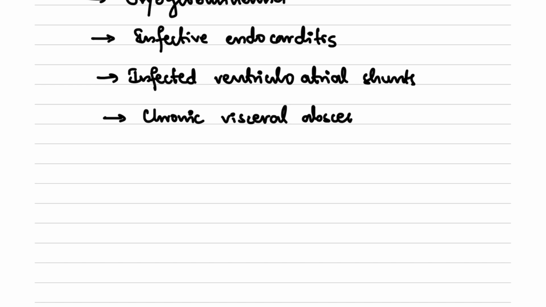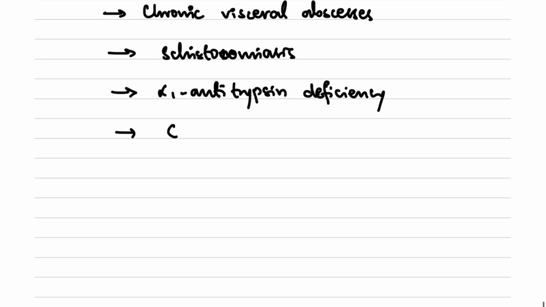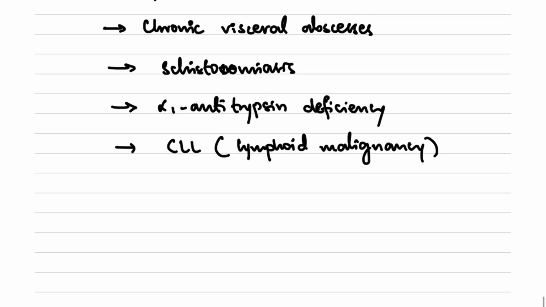If you are finding this boring, you can just skip ahead to type 2 MPGN. Patients suffering from schistosomiasis can also have secondary kidney involvement leading to MPGN. Also patients with alpha-1 antitrypsin deficiency, and patients suffering from CLL, chronic lymphoid leukemia, a lymphoid malignancy. So these are all the secondary causes that can lead to MPGN.